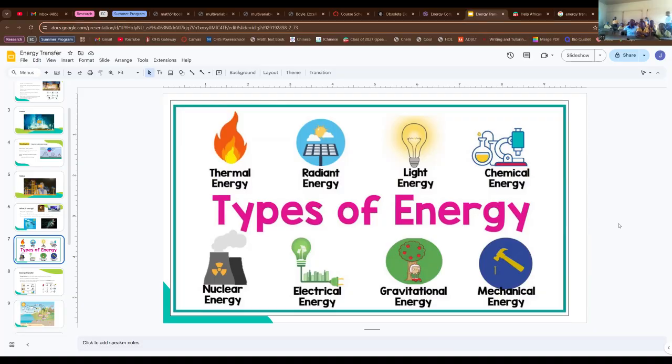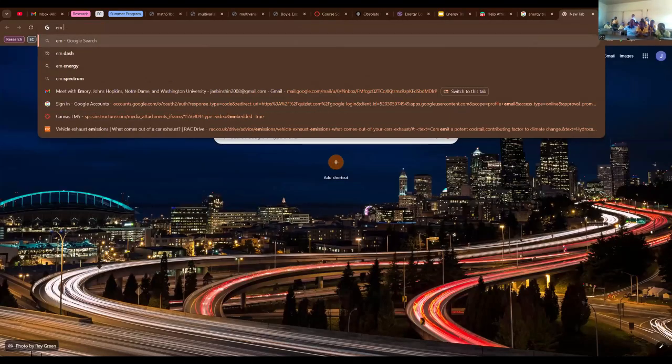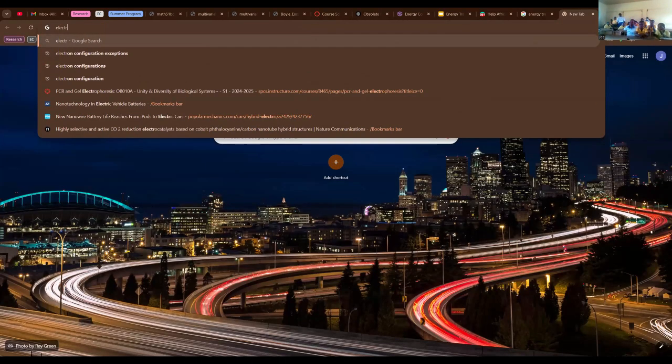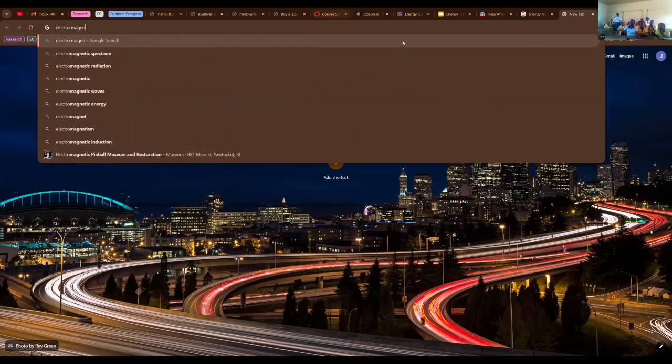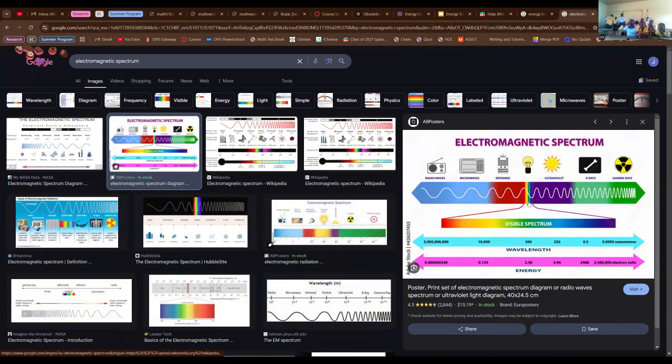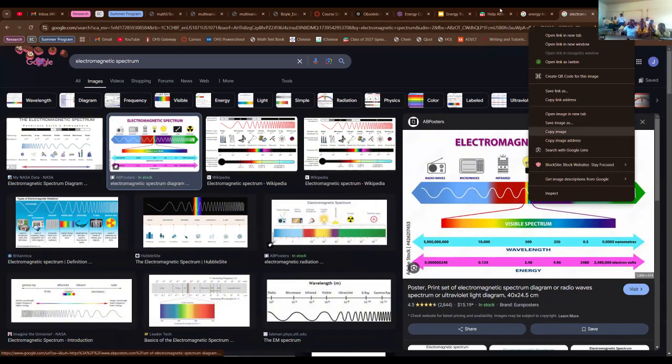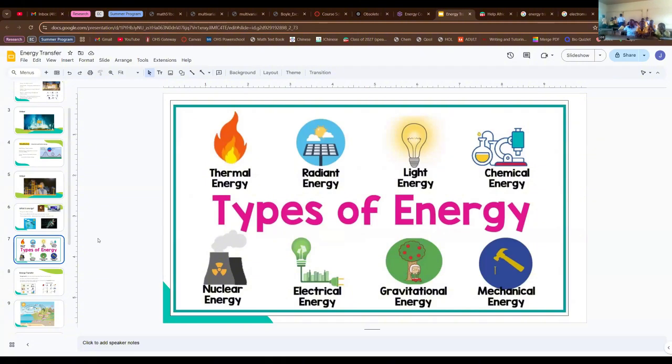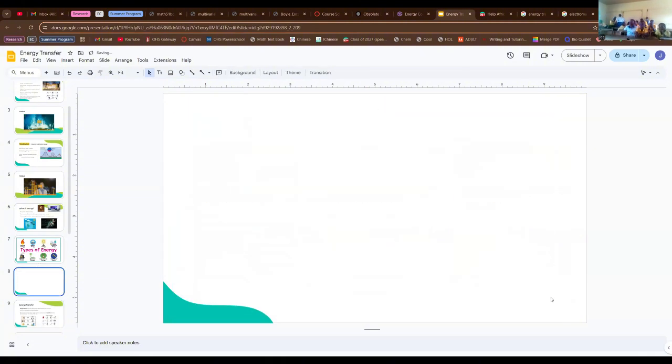We have this thing called the electromagnetic spectrum. All of these are radiant energy.